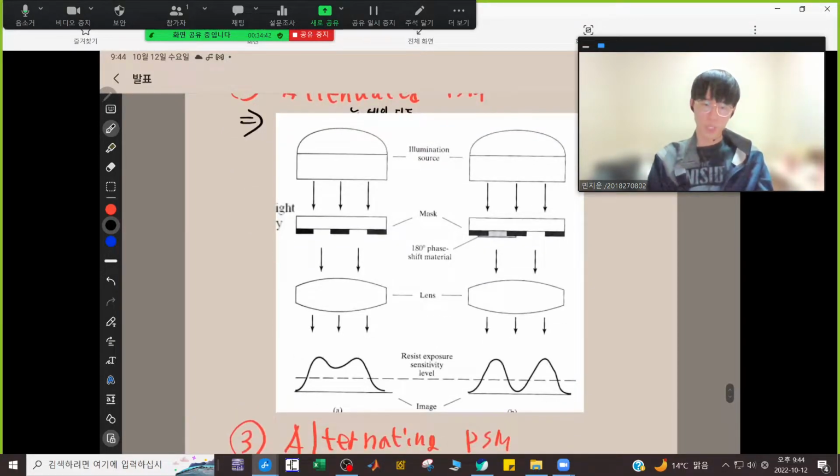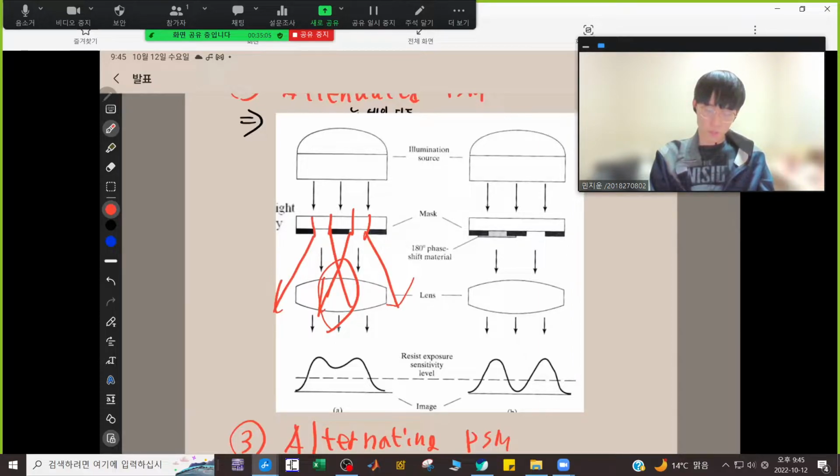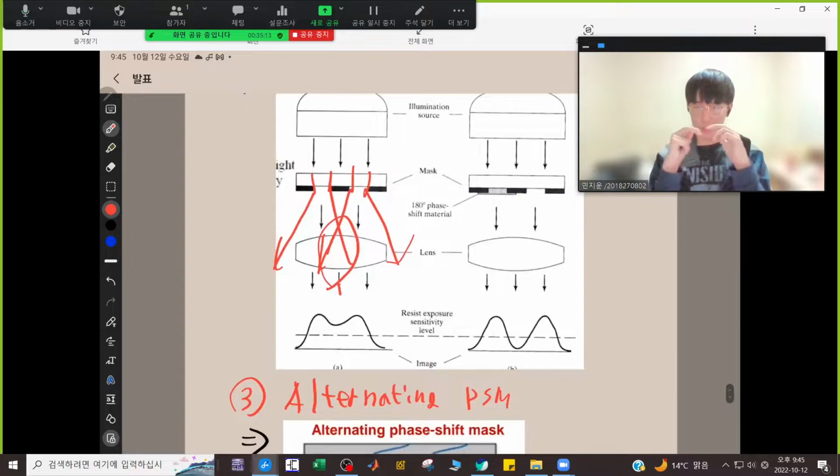If you see this left picture, the original mask, if we expose light, then at the mask pattern diffraction occurs. At the center, these two waves produce constructive interference, then at the wafer photoresist it can get more photons than expected.